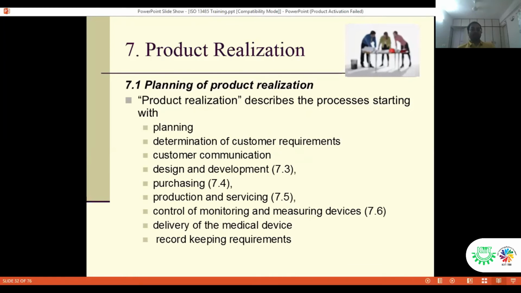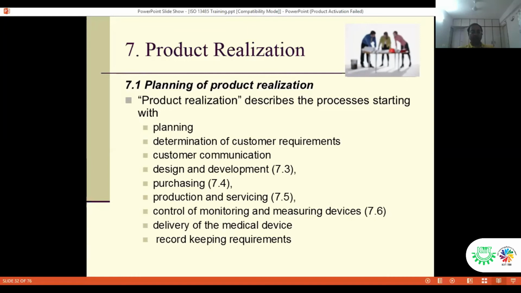Now here the important clause 7 comes in. Clause 7 talks about the production activities of the product, which in most cases you are outsourcing or relying on other companies to do.